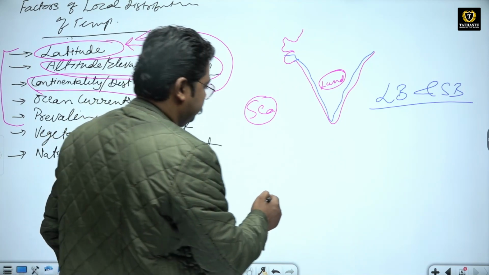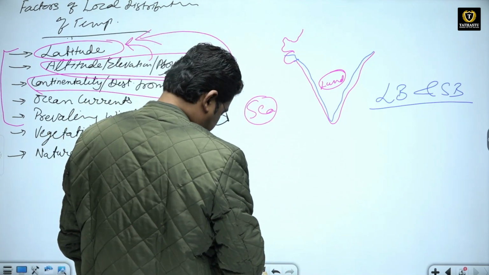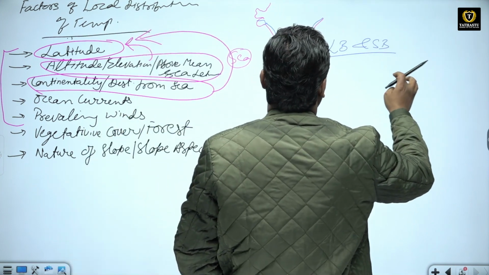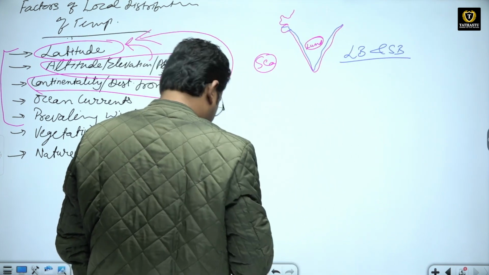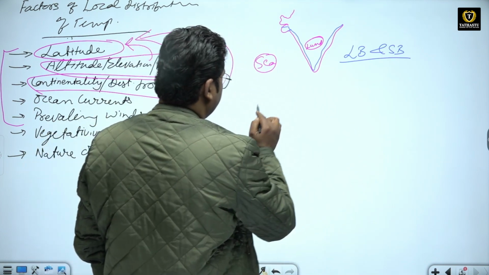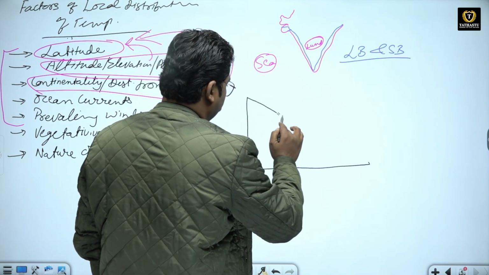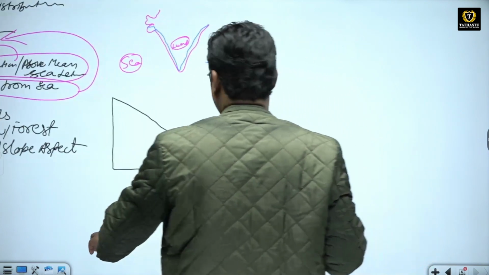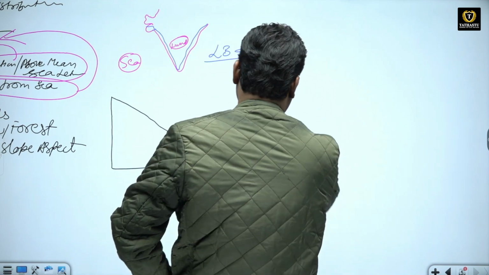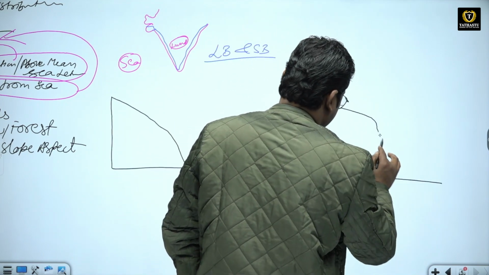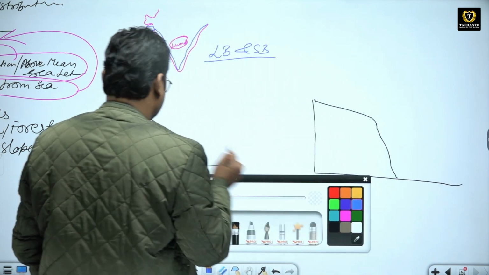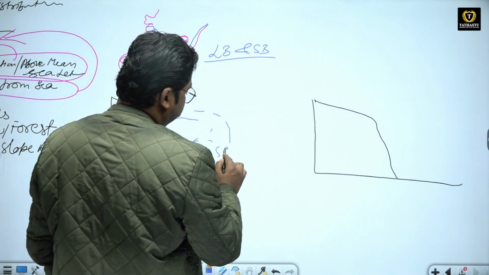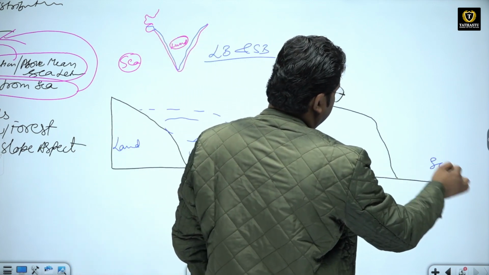So during daytime, if we see, we know land and sea. This is also land and sea.